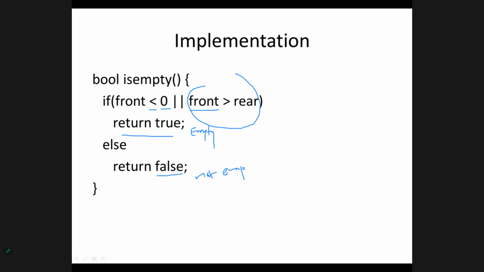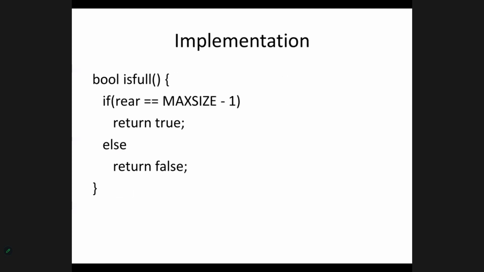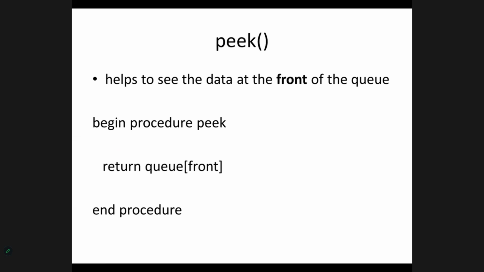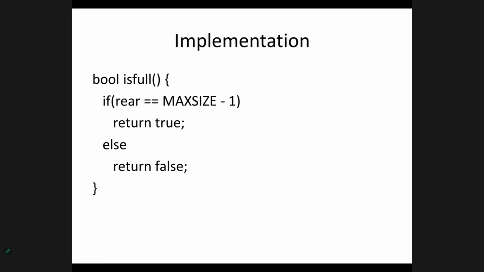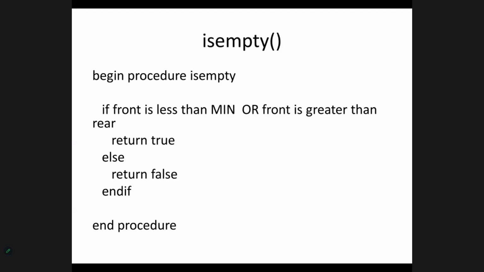Okay, now let's look at the enqueue operation, one of the very important operations. So far we discussed peek, which is to access the front; is full, to check whether the queue is full or not; and is empty, to check whether the queue is empty or not.